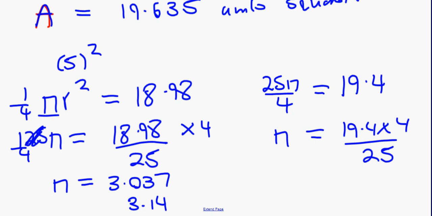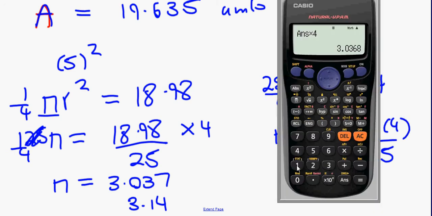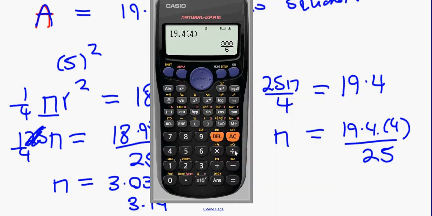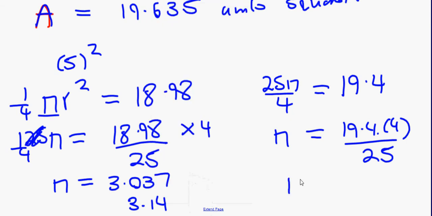Now the multiplication by 4 can be just a bracket 4. So 19.4, bracket 4, and then we're going to divide it by 25. And we see there 3.104, much closer to the value of pi.